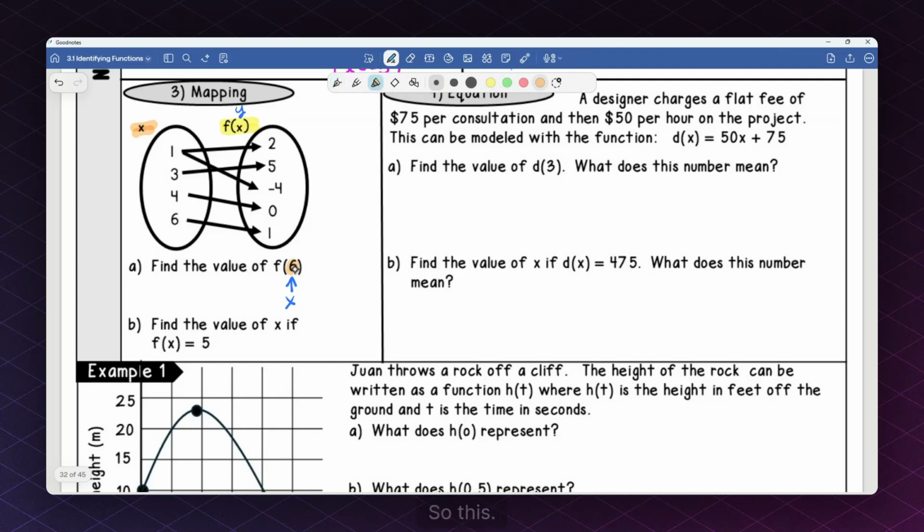So we come over here, we find our 6, and we read across to find the coordinating y. That's 1. We could write y is 1, but it's asking for it in function notation, so we can just write f of 6 equals 1.